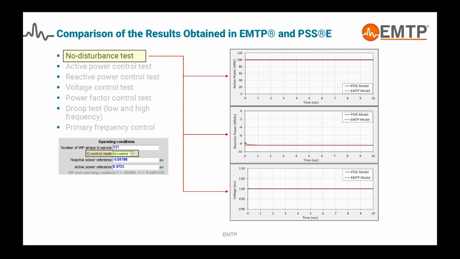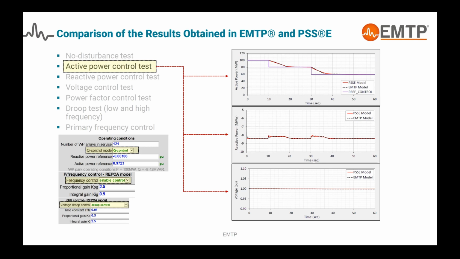And just to give you an idea, when you are initializing this test, you need to set here that you are initializing your system at the same operation point as the other model. So you can set the reactive power reference and active power reference, and of course the Q control mode.